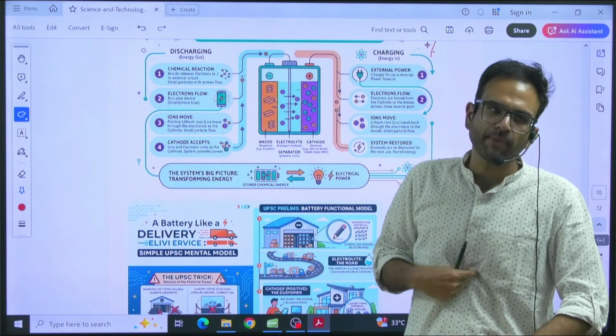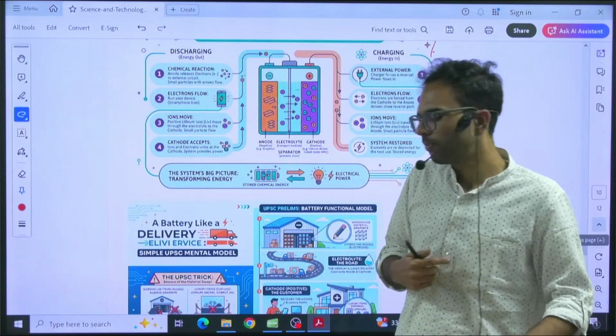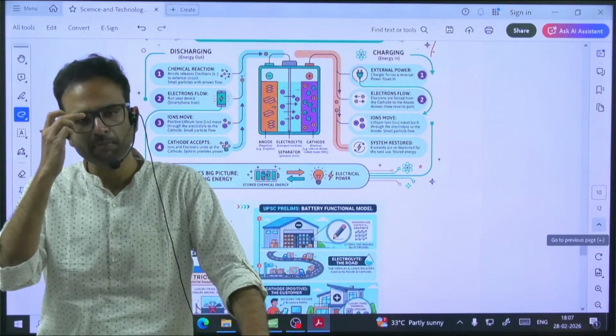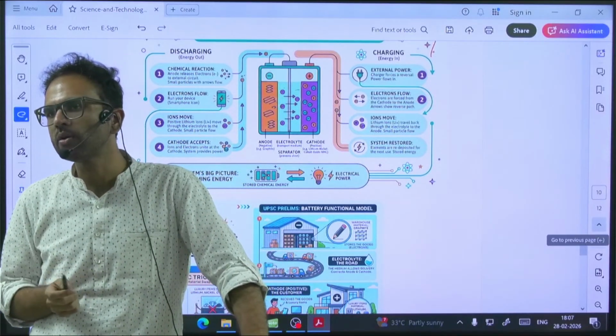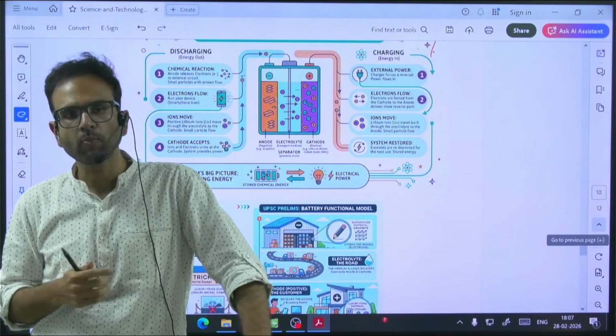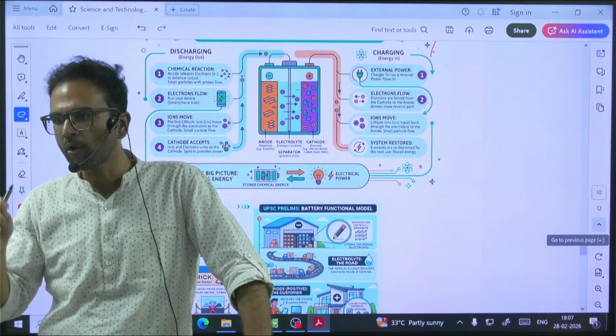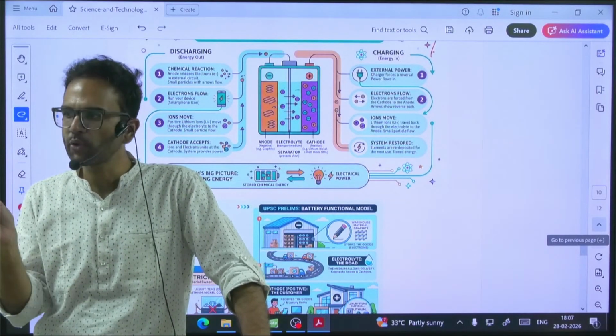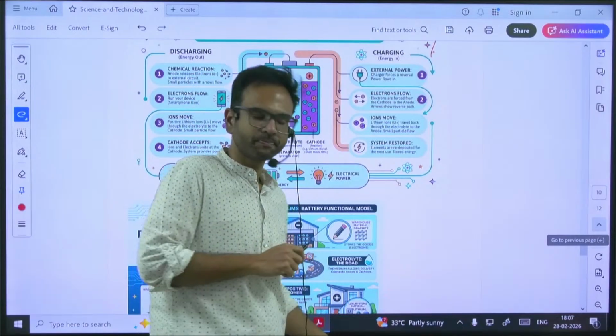Questions like this have been discussed multiple times. Even in the other class, when I was discussing mines and minerals, I spoke about certain mines in the African region, Shinkolobwe, Bayan Obo. All these places can be asked in the prelims exam. You have to be able to identify them.